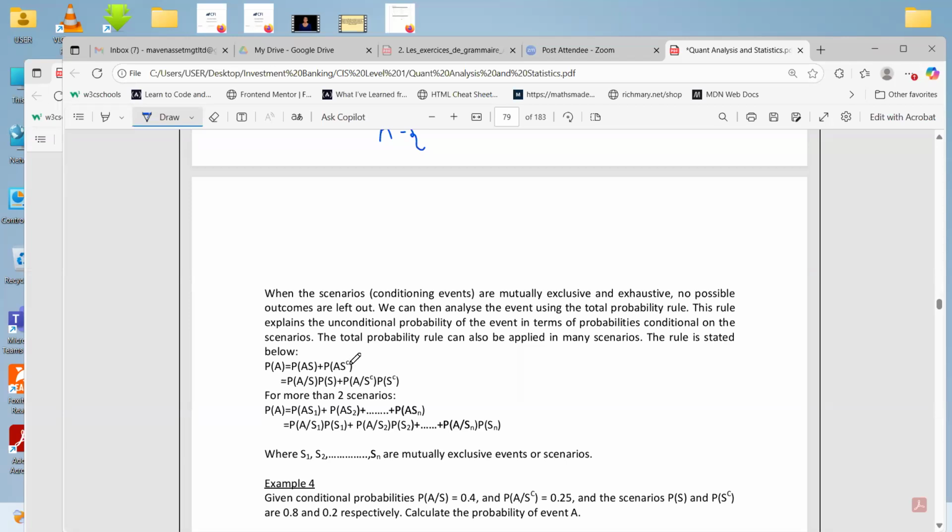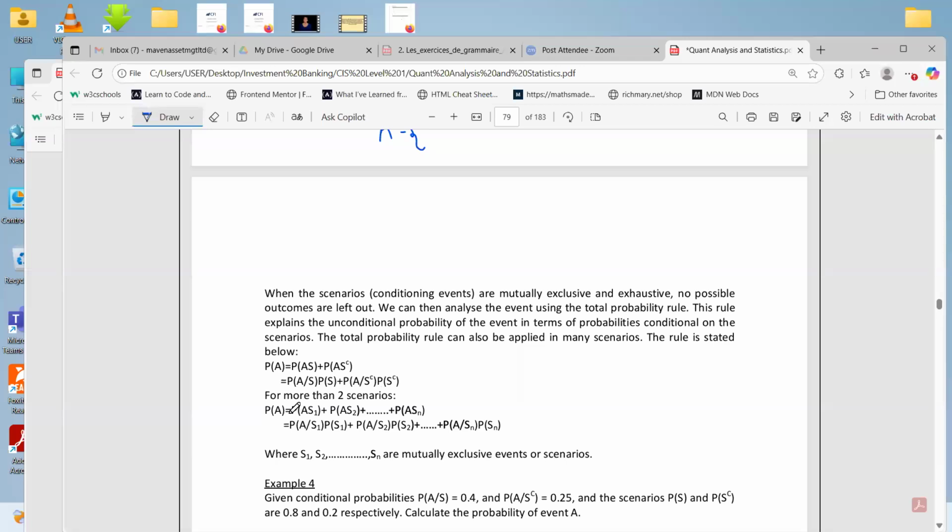You could have represented this S complement by any other letter, but let's just stick to this for clarity. The same principle. So probability of A given the complement of S multiplied by the probability of the complement of S. The same thing we did here for S, here you are doing for S complement.